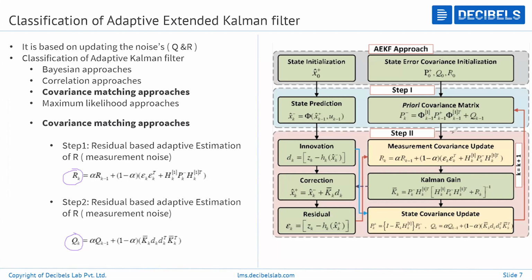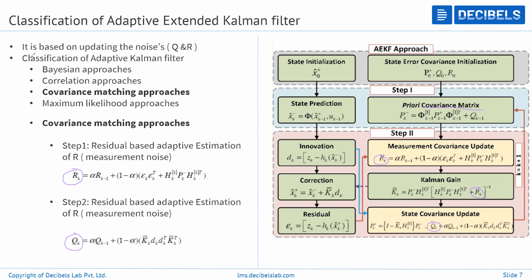This R is the measurement covariance, and for the state covariance update we introduce Q. We usually use this Q to update the covariance matrix, and for the measurement we use this measurement covariance update, the R value. For the Kalman gain, you can see here that we consider this measurement noise.